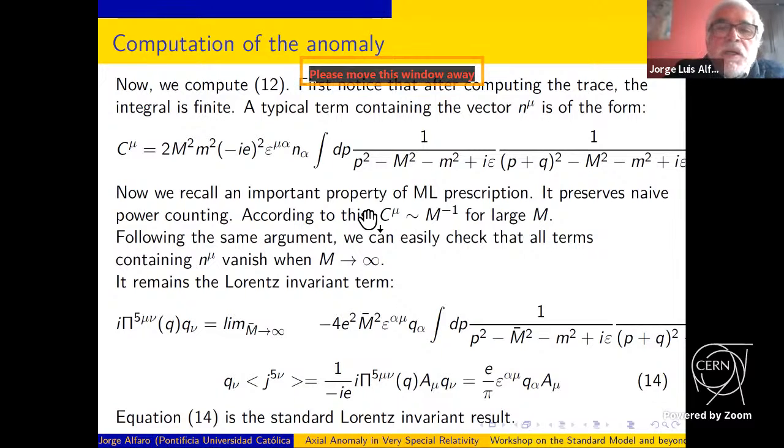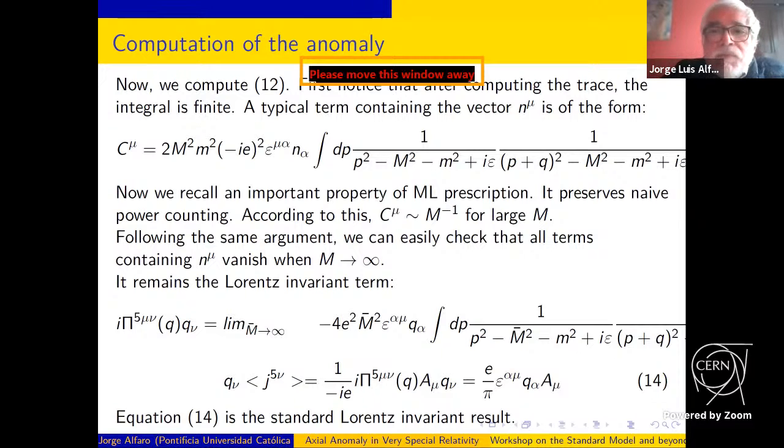So according to this, for large m, this expression C mu goes as m to the -1, so it goes to 0. Following the same argument, we can easily check that all terms containing n mu vanish when m goes to infinity. So only the Lorentz invariant term remains, and I compute this and get, of course, the standard Lorentz invariant result.